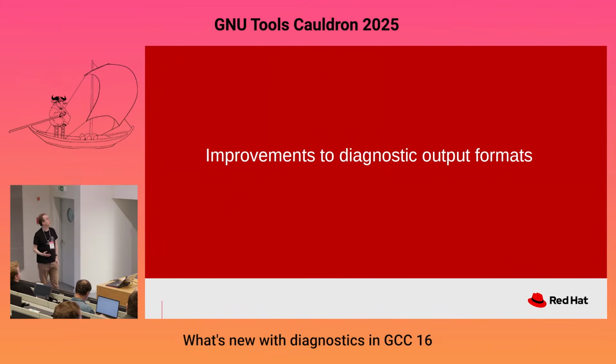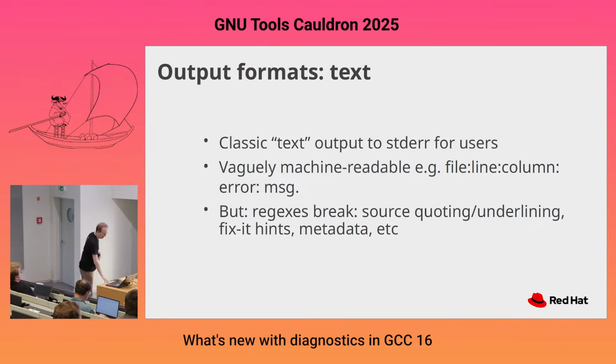Now I want to talk about changes to how we output diagnostics. Traditionally, we outputted text to standard error, sometimes with control codes for colorization. Way back in the day, people might try to use regexes to carve up that output, if they needed it in a machine-readable format.